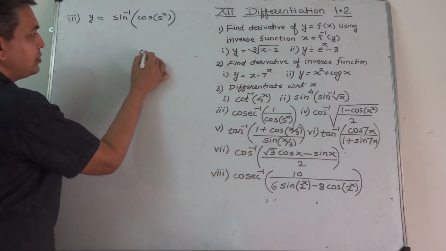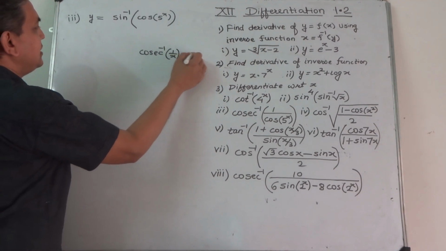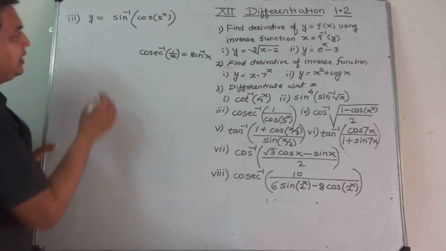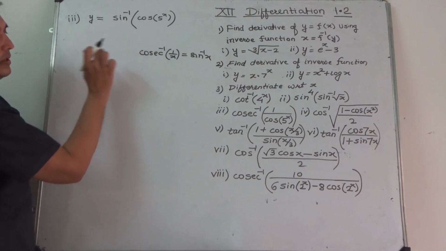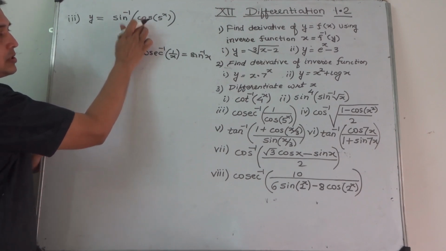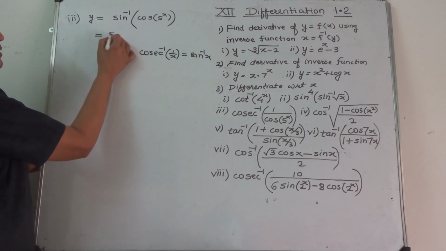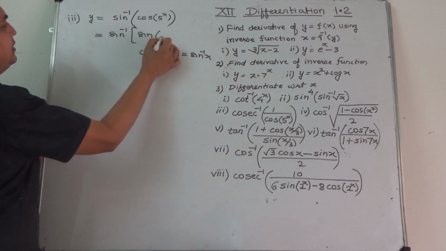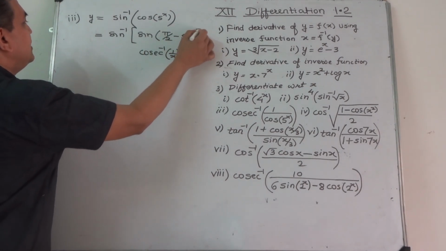What formula have we used? Cosec inverse of 1 by x is equal to sine inverse of x. So using this we are getting this step. Now this is sine inverse, this is cos. Can we convert cos into sine? Complementary function, 90 minus. So it is sine inverse of sine of pi by 2 minus 5 raised to x.